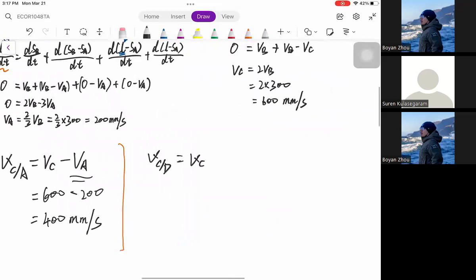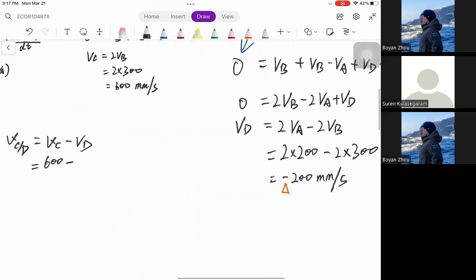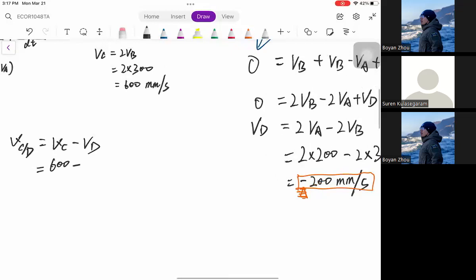That is VC minus VD. VC is going to be the same, but you have to remember VD is in another direction, so you need to include the minus sign in our equation. The actual number is going to be equal to 800 millimeters per second. If you forget this, you're going to get 400, and that is not correct.